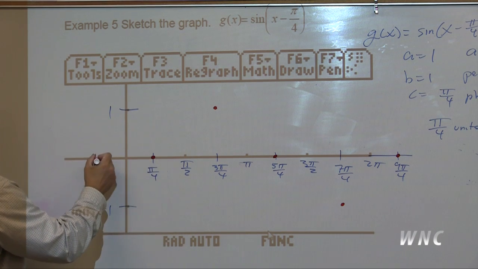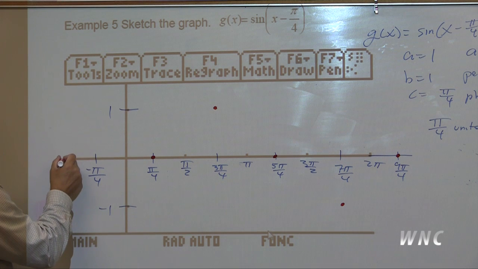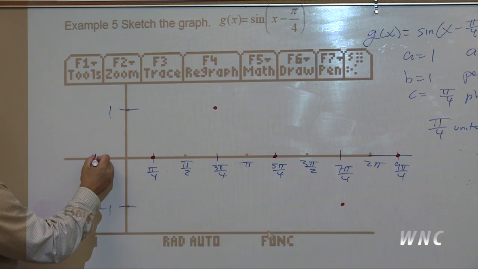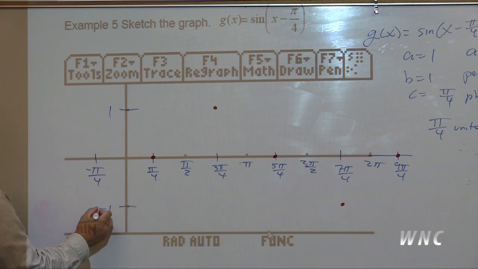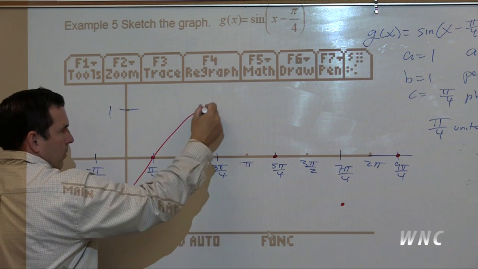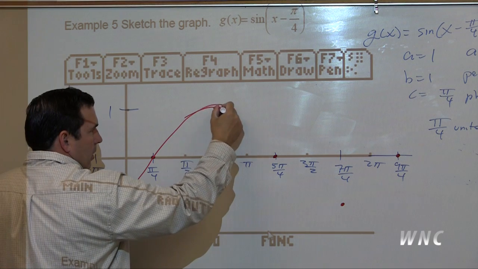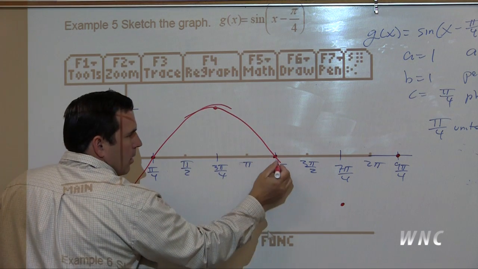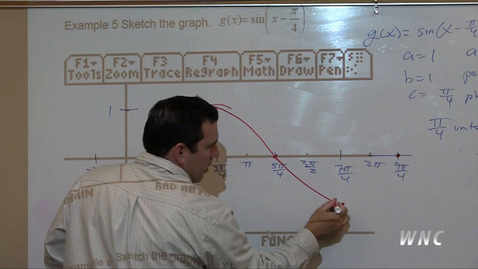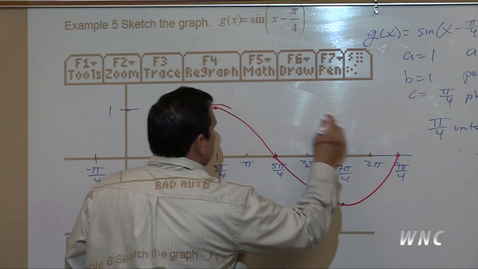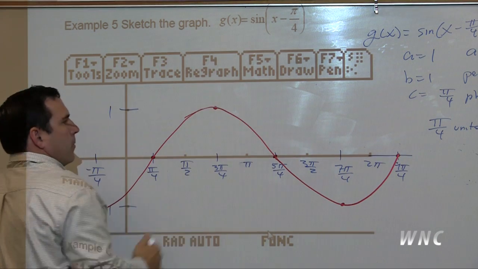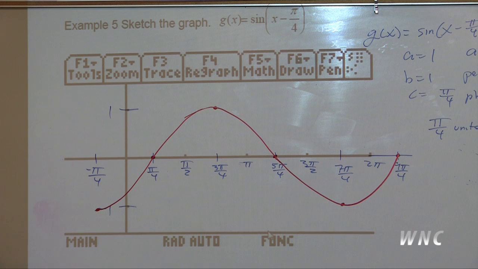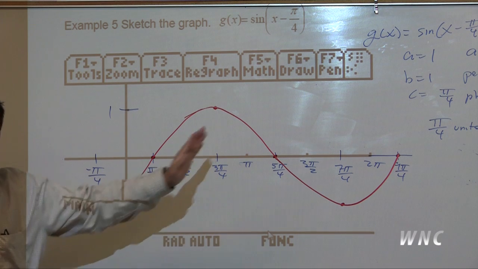And so normally we'd be at negative 1 for negative pi over 2, but now it's going to be at negative pi over 4. So we're going to come up. Kind of missed it there. That's it. It's a shifted sine function. It's shifted to the right by pi over 4.